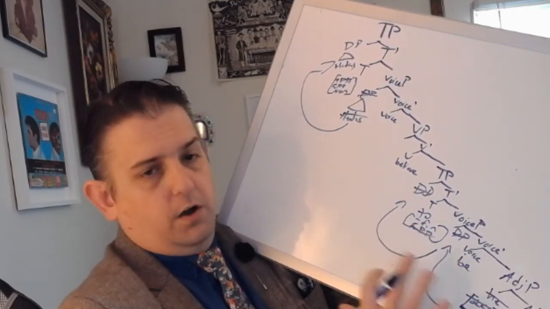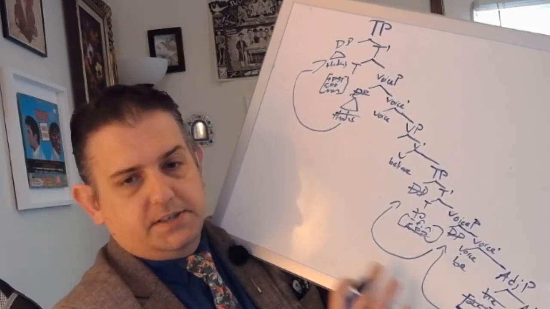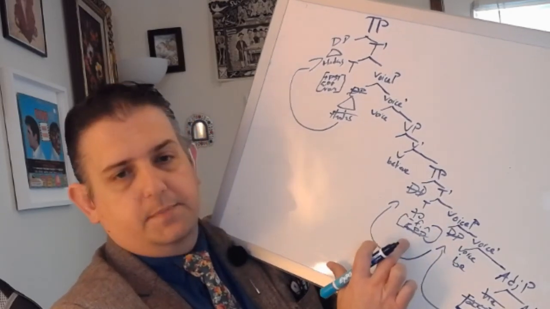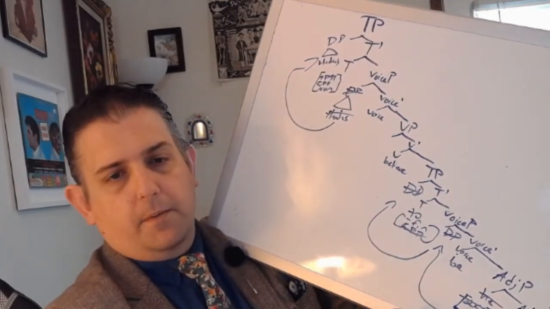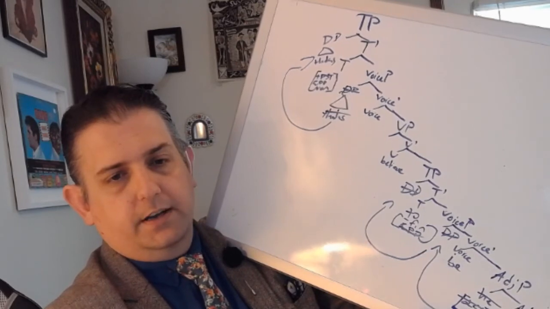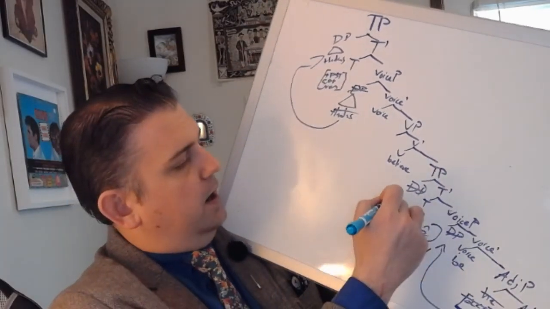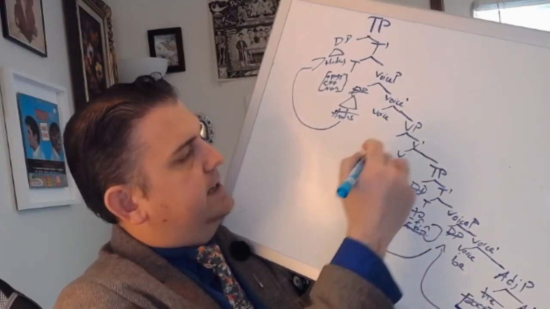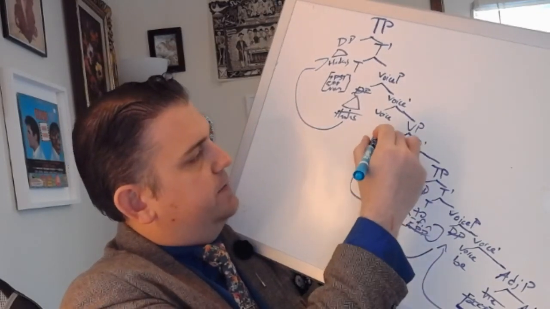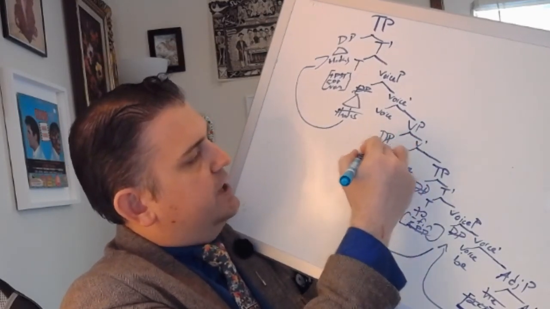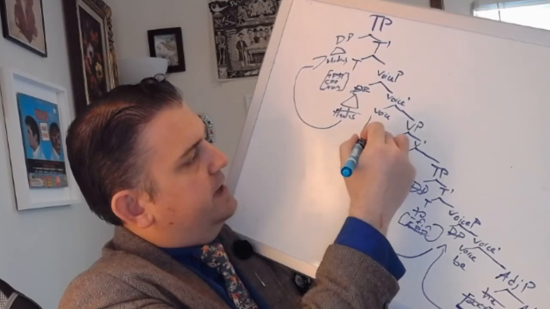But this ultimately is not a good enough position for it because this is a minus finite position. And it still has that omnivorous case feature that it needs to satisfy. So it's going to raise again to try to satisfy this case feature, which it does satisfy on the basis of voice.